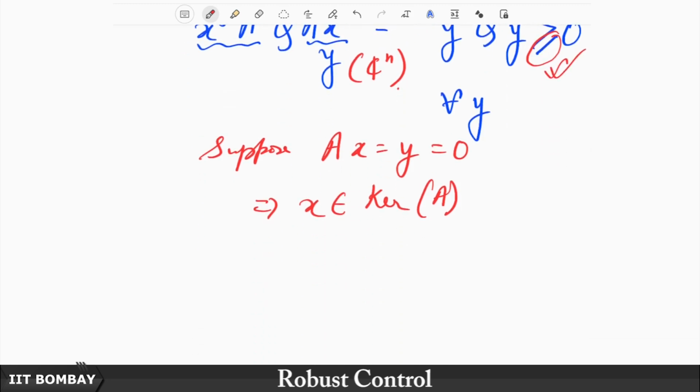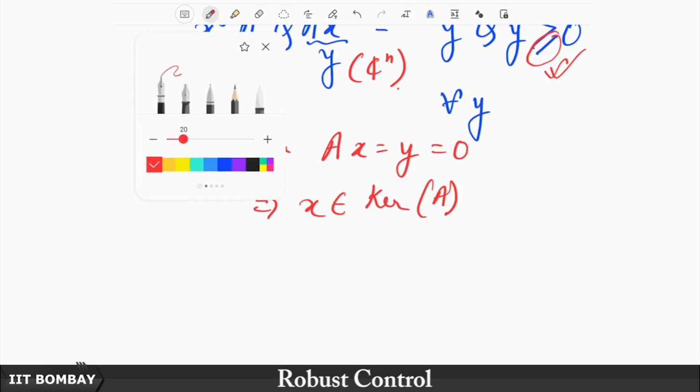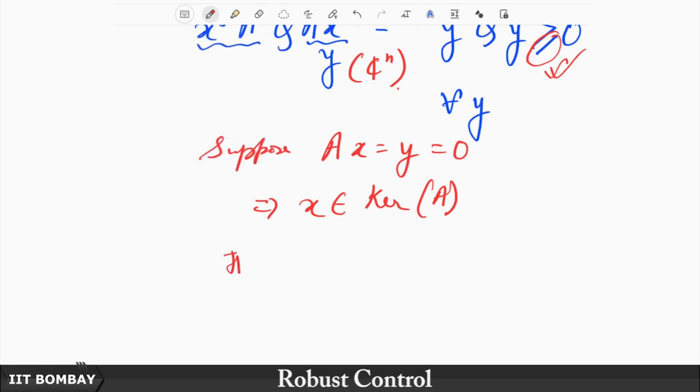If, on the other hand, the kernel of A is trivial, then the only way I can get A x equal to 0 is to have x equal to 0. So I cannot have a non-trivial vector x which takes my x Hermitian P x to 0.